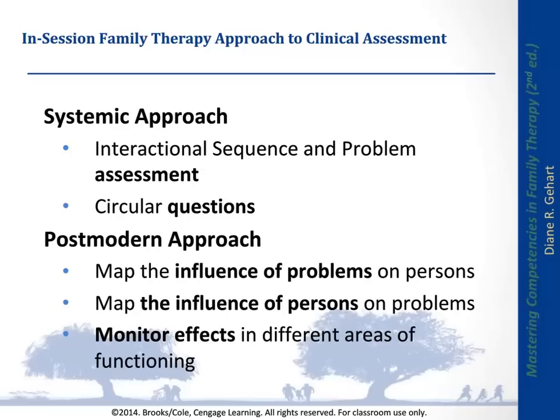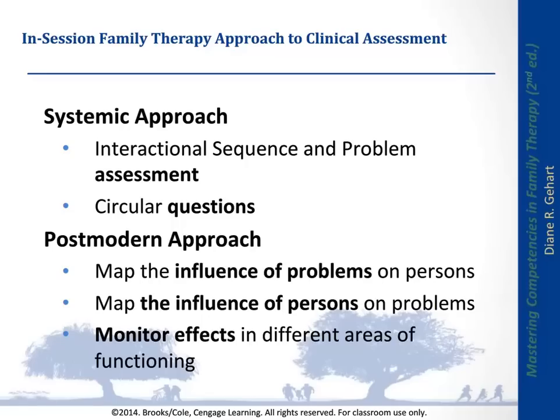Similarly, if you're working from a postmodern approach, there are certain interventions that can be used to also get a clinical assessment while still working within identifiable techniques in the spirit of your theoretical model. In narrative therapy, there's something called mapping the influence of persons versus problems.